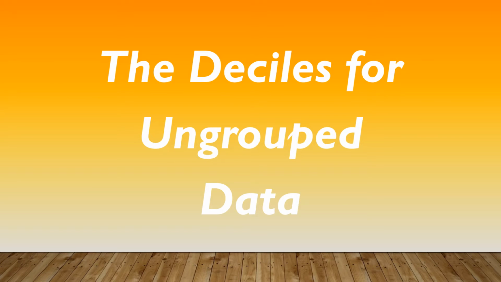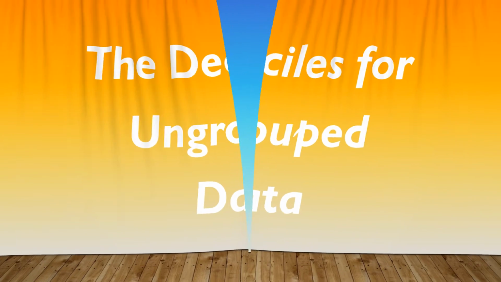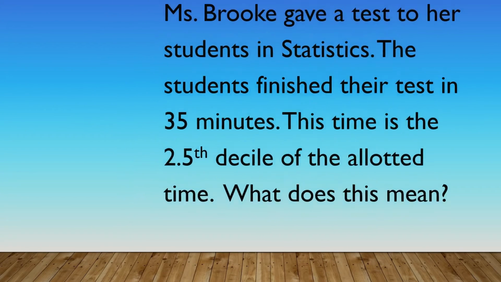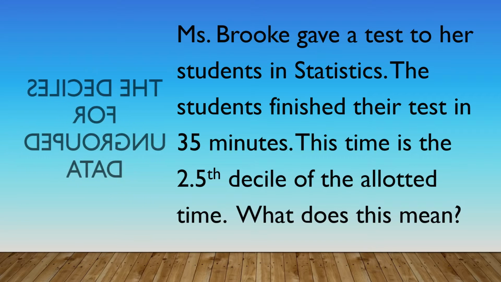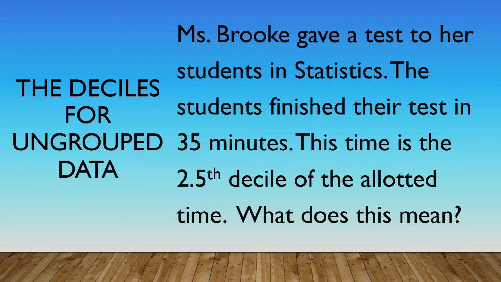Let us have an example in interpreting the deciles for ungrouped data. Miss Brooke gave a test to her students in statistics. The students finished their test in 35 minutes.